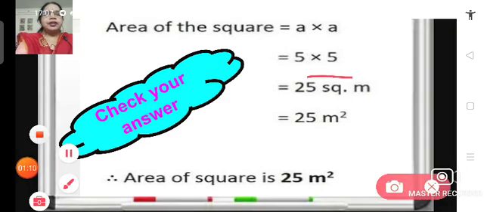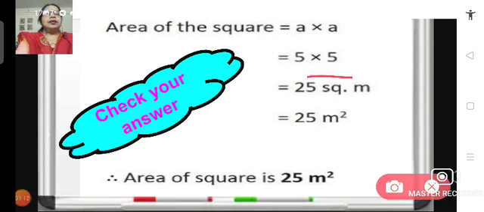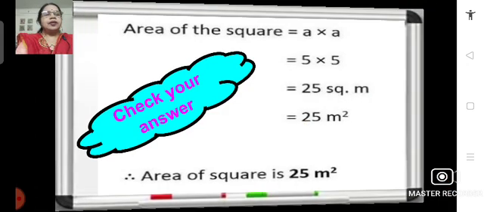Because 5 meter is the measurement of each side of the square. So, 5 into 5 becomes 25 square meters, or it can be written like this, 25 meters square. So, area of the square is 25 meters square. Check your answer and make the corrections if necessary.